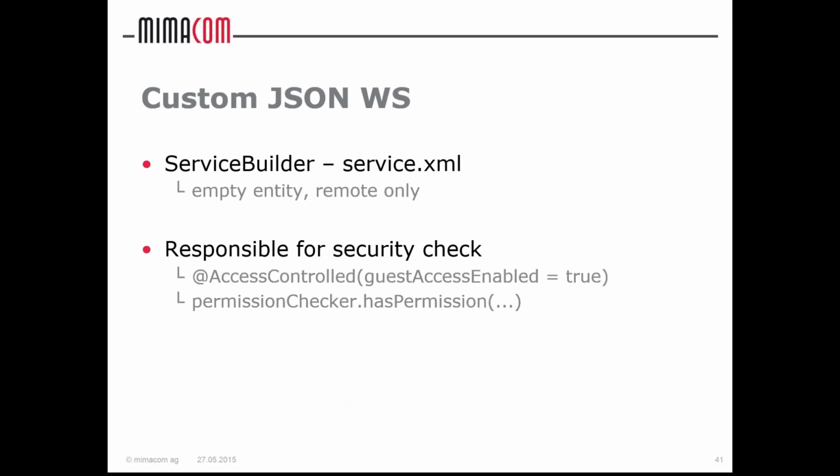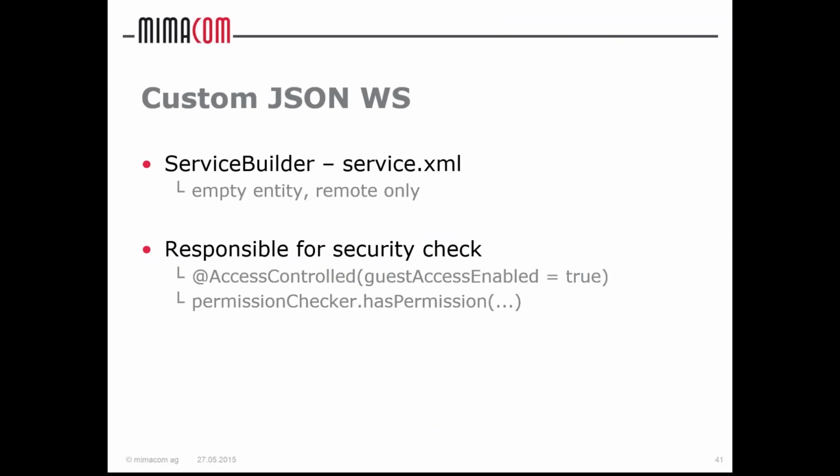Also, you need to know that in this remote method you are responsible for the security check yourself. So you can, for example, use the AccessControlled annotation and a permission checker to check if the user who asked for the service has all necessary permissions in the portal.